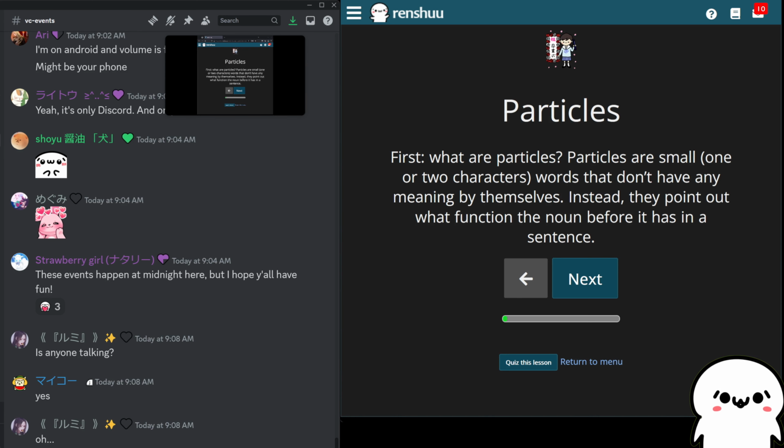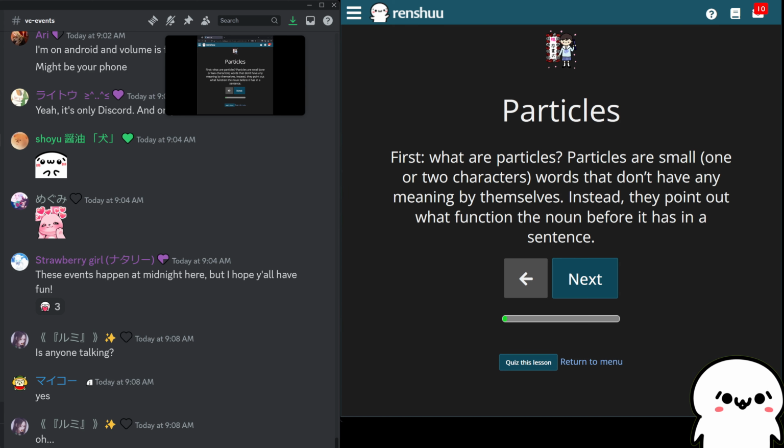It happens sometimes, but often that's not the case. Rather, what they do, and this is what Renshu is mentioning on the page in front of us, is that they have jobs. They take the other words in the sentence and tell us why those words are there. And some of you might recall what I called these before.